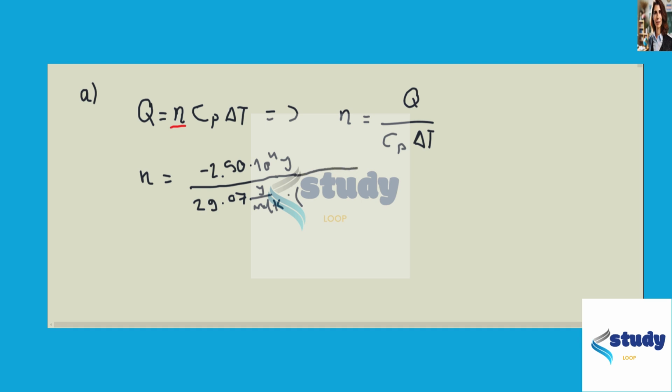We will transform the given temperatures from Celsius to kelvins. So this will be 283 kelvins minus 323 kelvins. When we put these values into a calculator, we obtain that N equals 21.5 moles. This is for part A of the problem.